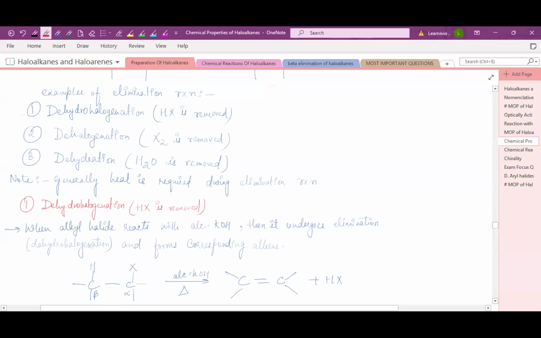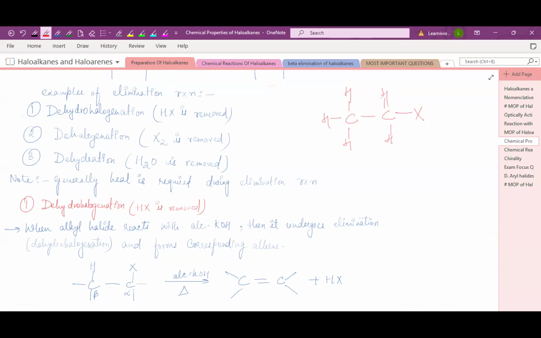Suppose this is a carbon, this is having X, and this is having CH3 and CH2. Now see, if you are doing dehydrohalogenation, this is again a type of elimination.